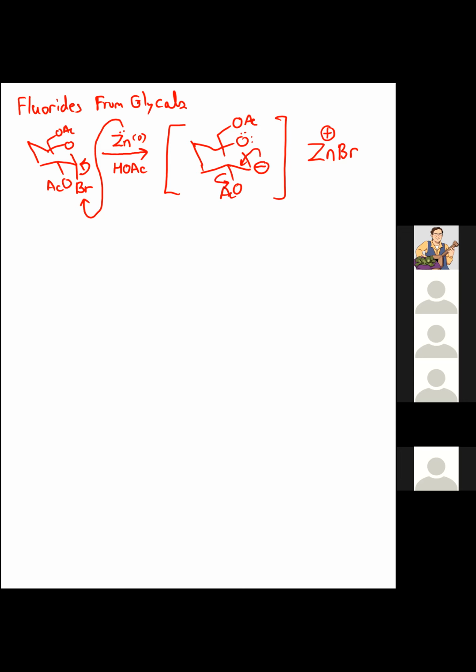Okay, that's exactly it. So we're basically going to expel the acetate. This is a glycal. So it's a double bond. Anyone who's taken or is currently taking the 331 course might have come across molecules like this.